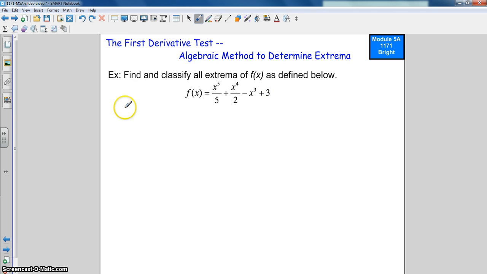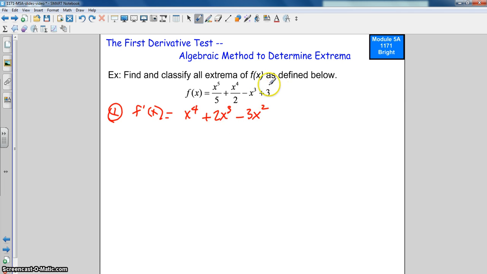Step 1, or really the first stage in the flowchart, we need to determine f prime of x. So this is equal to, and we'll just use the power rule, x to the 4th plus, and then bring that down, and after I simplify I get 2x to the 3rd minus 3x squared.